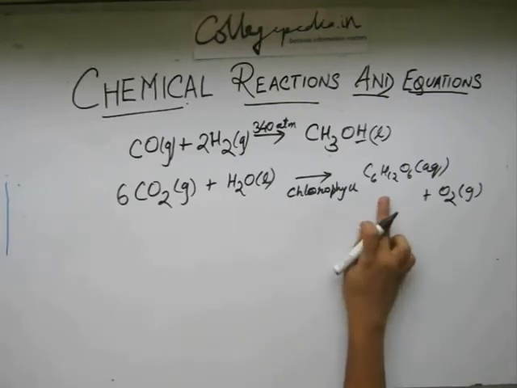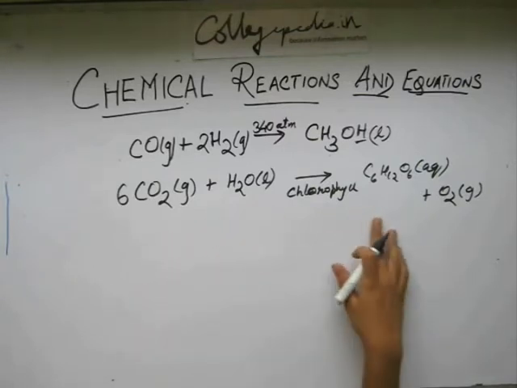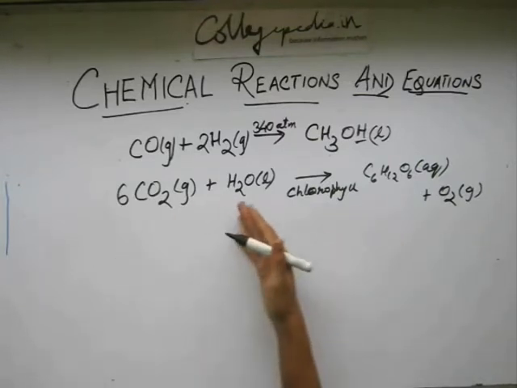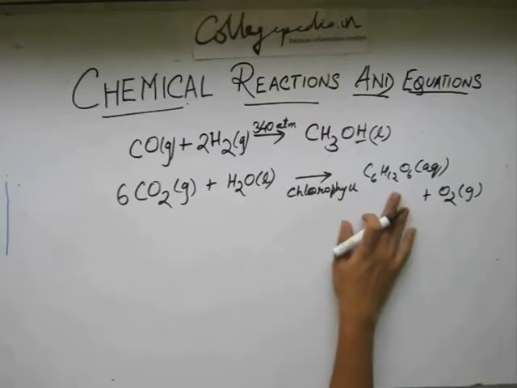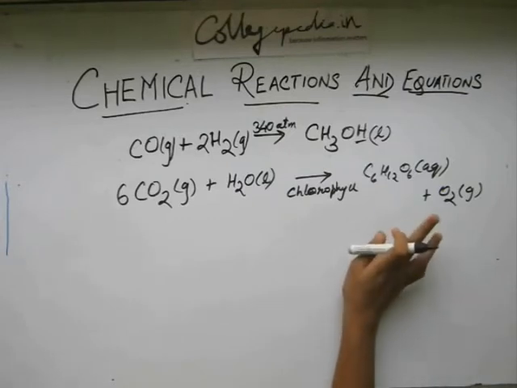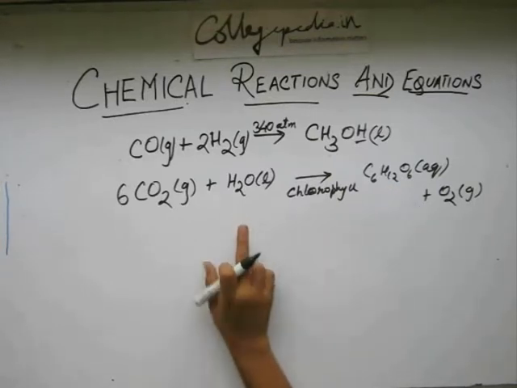First go to hydrogen, because oxygen is contained in almost every, it's contained in every molecule. Hydrogen is contained only in 2 molecules. So balance the hydrogen first, then go to the oxygen. So there are 12 hydrogen over here, 2 hydrogen over here.